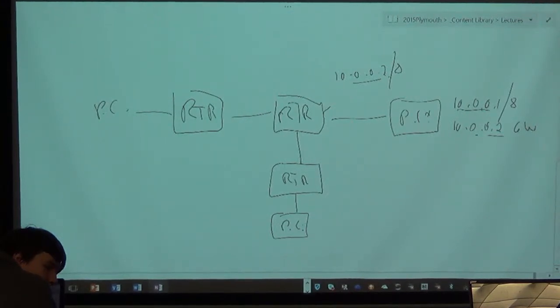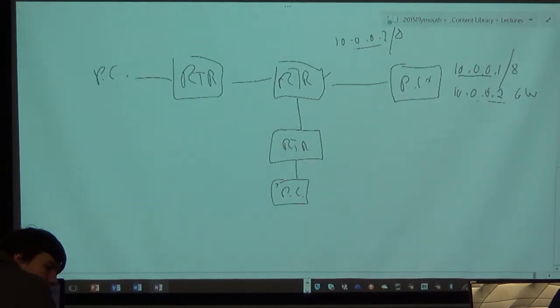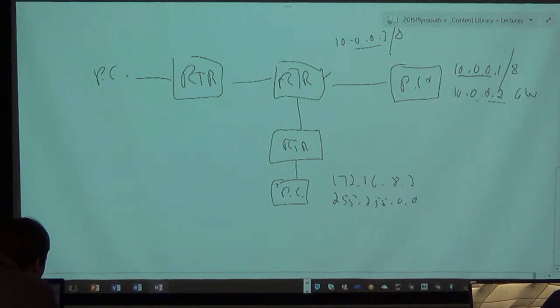All right, so now, if that's the gateway, 10.0.0.2, which is this IP address, and this PC, give me this PC's IP address, which was on the 172 network. Christopher, give me the IP address for that PC. 172.16.8.2. Subnet mask, 255.255. That's it. Very good. And its gateway is going to be the IP address of the router above it. So we're going to assign that as 172.16.8.1.